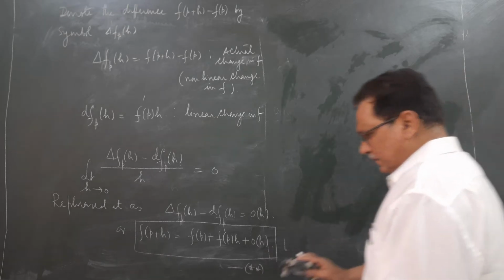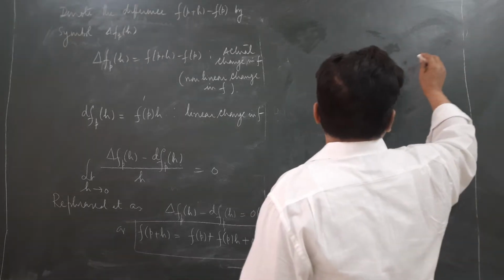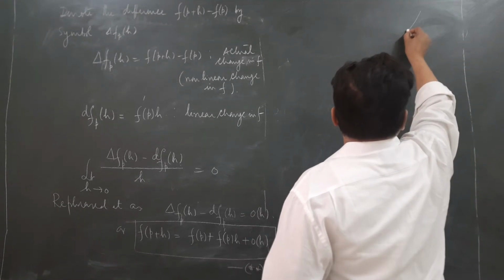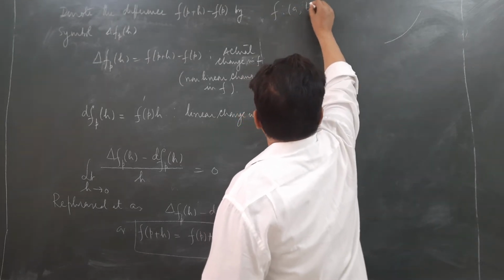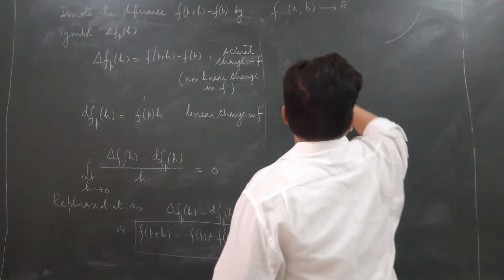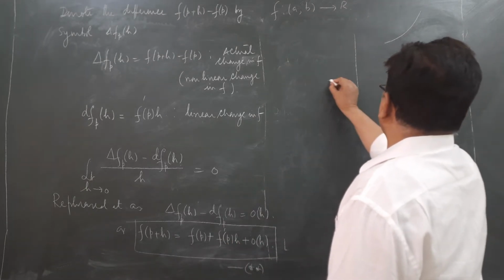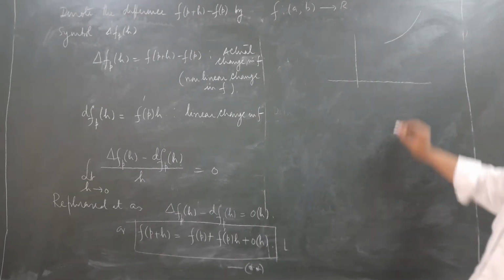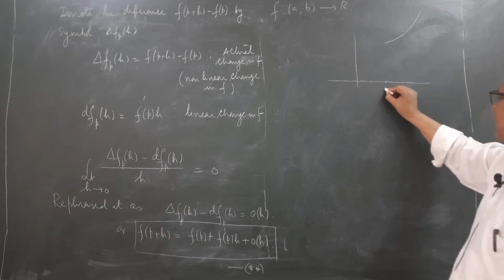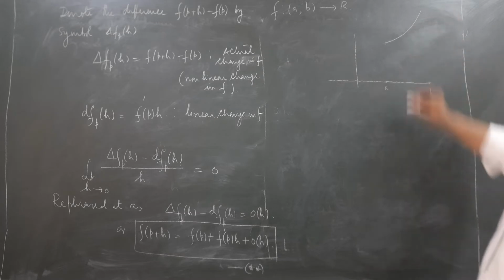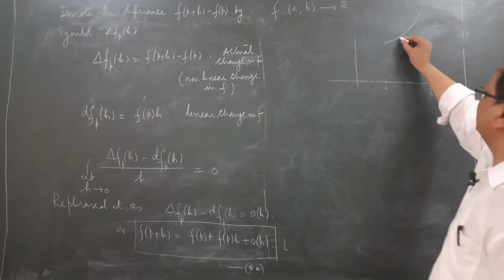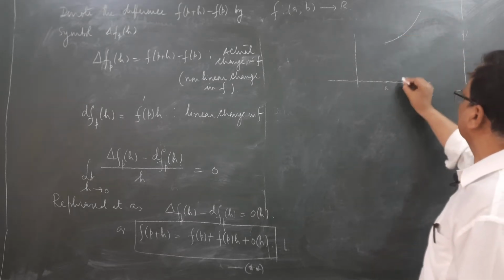You can see it. Look, for example, the graph of a function, if you have a function from an interval ab to R, you can make a graph in R2. Suppose this point is A and this point is B, so the graph is drawn like this, and let me take a point P over here.